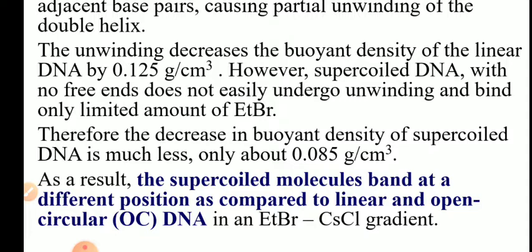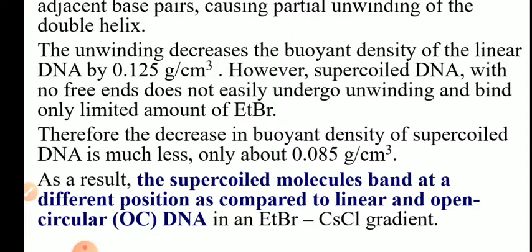Because plasmid DNA is supercoiled with no free ends, it doesn't undergo unwinding and binds only limited molecules of ethidium bromide. Therefore, the decrease in ion density of supercoiled DNA is much less. Okay, so there is less decrease in the ion density of plasmid DNA. That is only about 0.085 gram per centimeter cube.